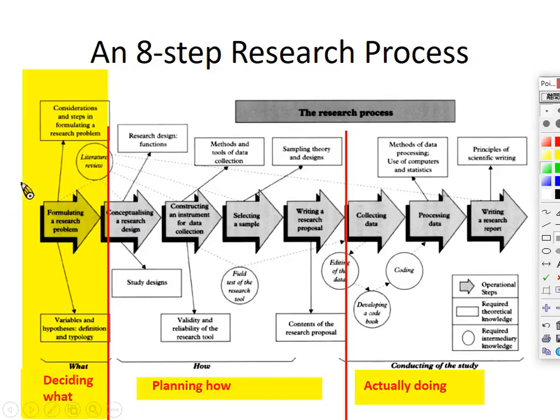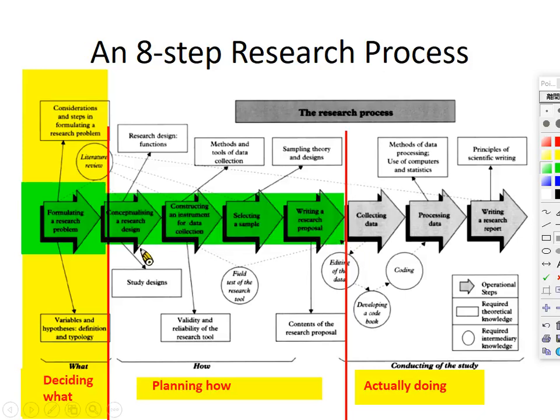This is very important. We will spend 3 or 4 weeks to talk about how to formulate a research problem, right? And once you know you have a very solid research problem, then you will move on to do the other 4 things. One is the research design.